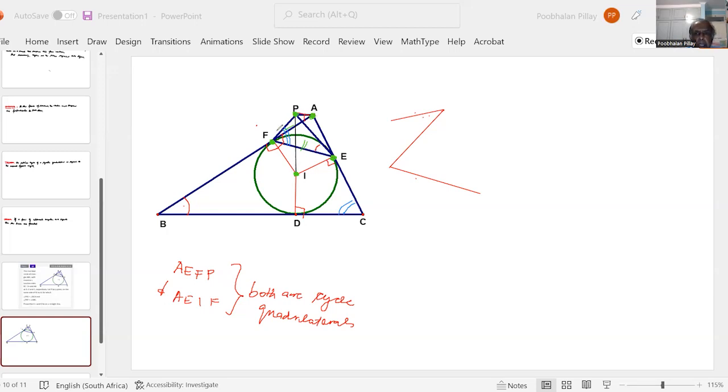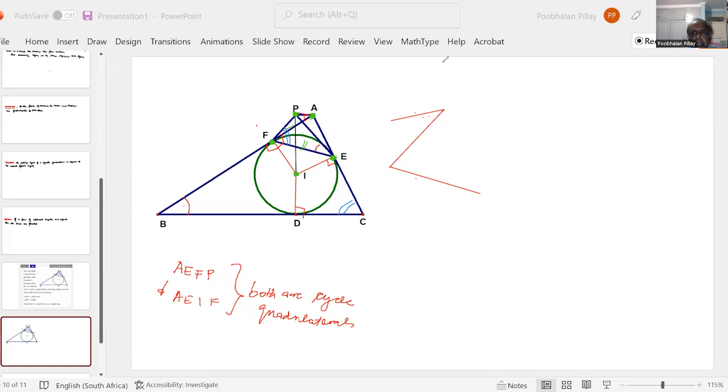IA is the diameter of the one circle that goes through all those points, which means that IA subtends 90 degrees at P too, right? So angle API is 90 degrees.